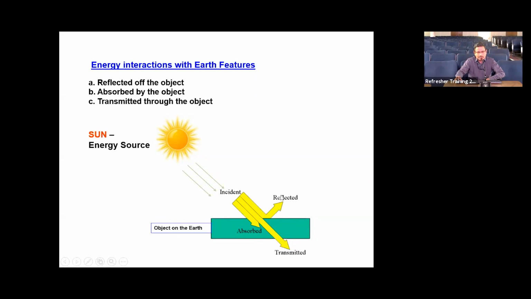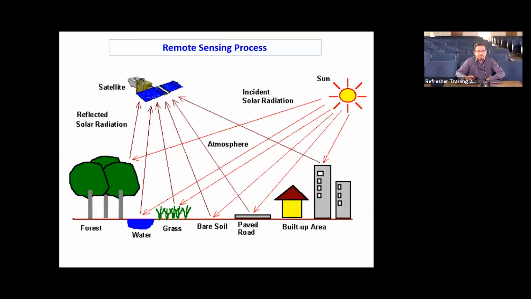Among the three changes, remote sensing captures only the reflected energy. That is what our human eyes do. Only reflected energy is useful for remote sensing, because you cannot sense the energy absorbed or transmitted by the object. This is the basis behind the sensing.